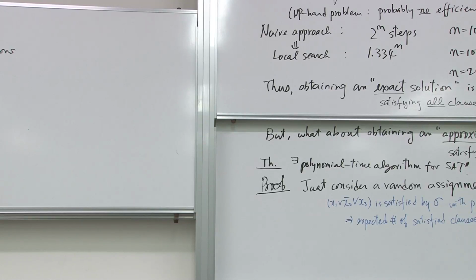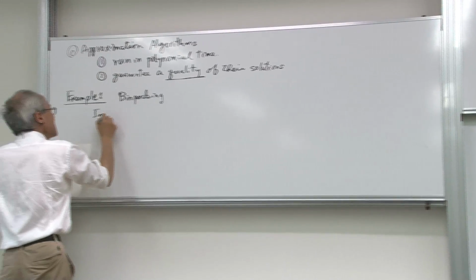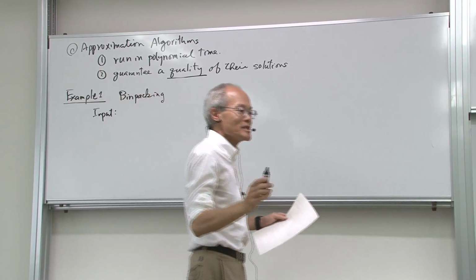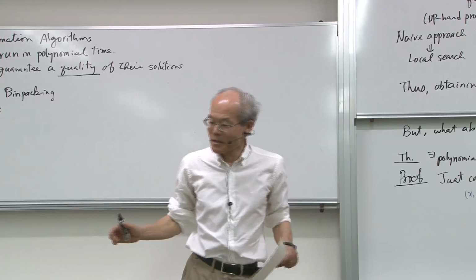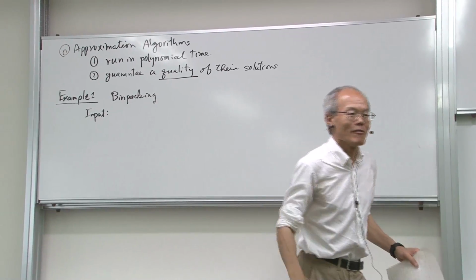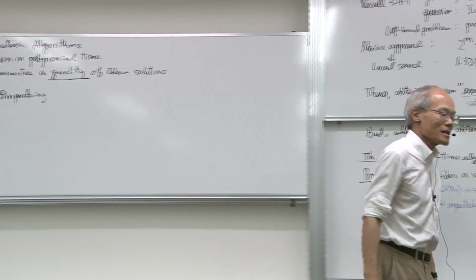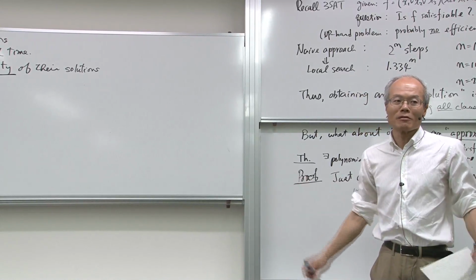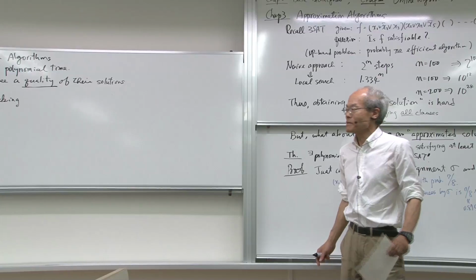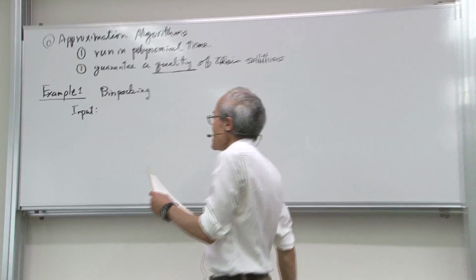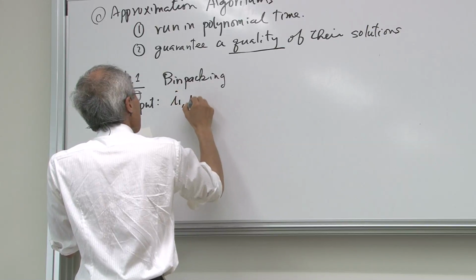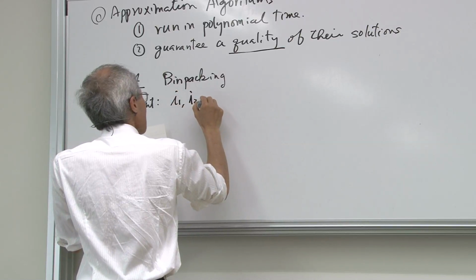Input. So this is a one-dimensional model. Usually a real container is two-dimensional or even three-dimensional. But to make things easy, we are now considering a one-dimensional version of a container. So input is a value, just a number.